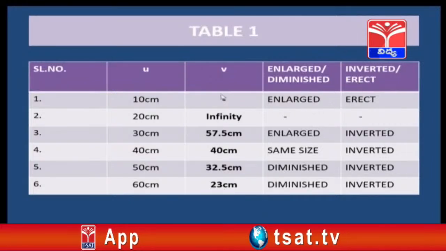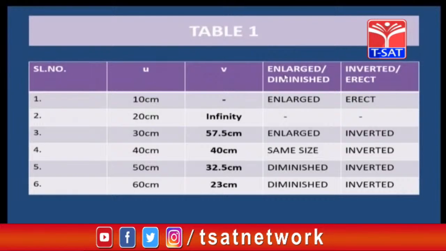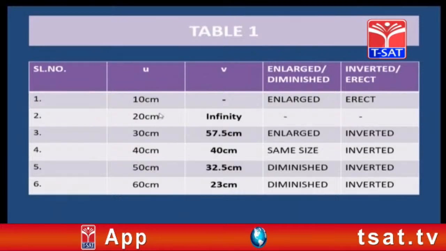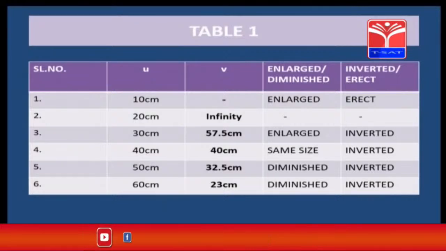Okay children, so here u is the object distance, v is the image distance. This column tells us about the size of the image, and this tells us whether it is inverted or erect. So for 10 centimeters we could not find the image distance as the image was formed behind the mirror itself. It was enlarged and erect.